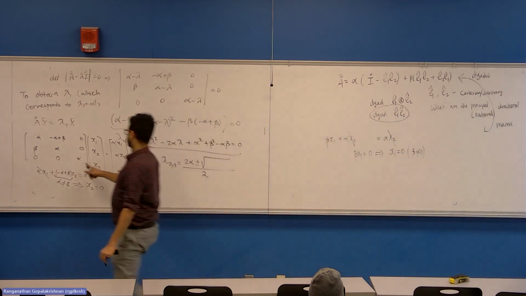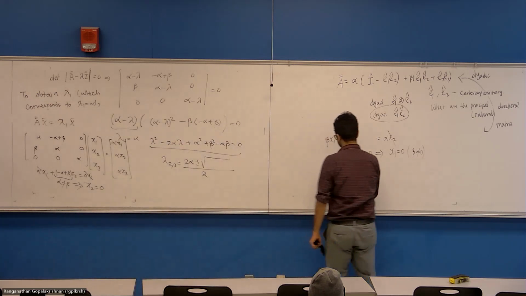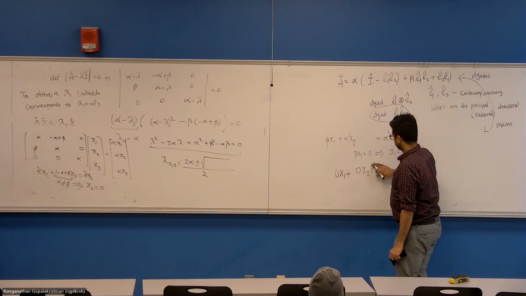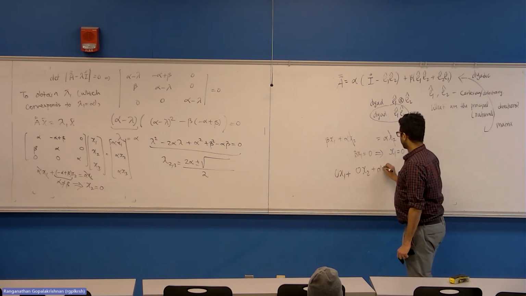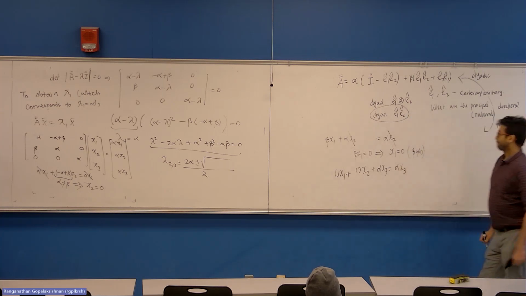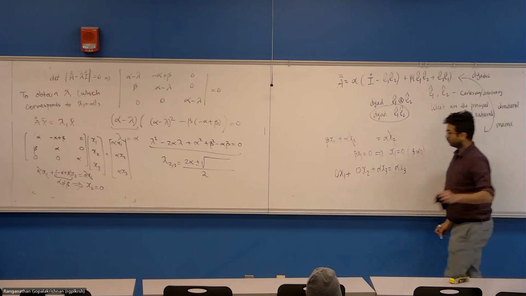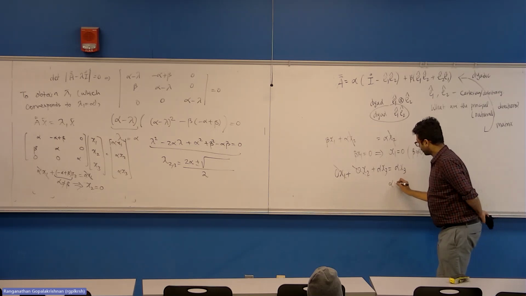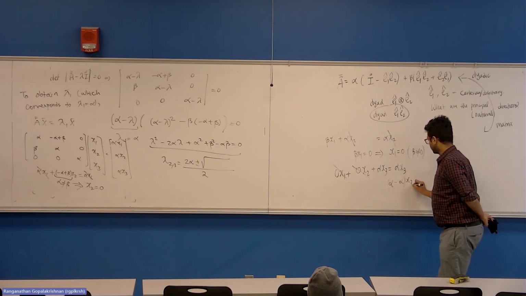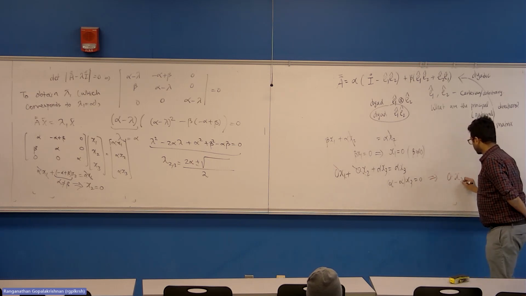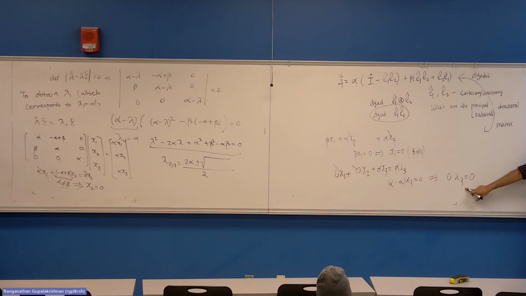Now look at the third equation. 0 times x1 plus 0 times x2 plus alpha times x3 equal to alpha times x3. So these two are irrelevant. It's like writing alpha minus alpha times x3 equal to 0, or this is nothing but 0 times x3 is 0. For this, x3 can be any value.